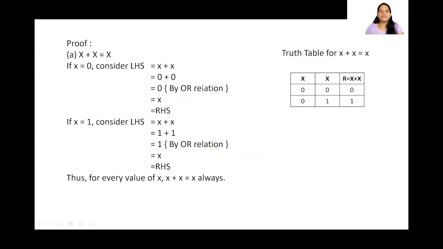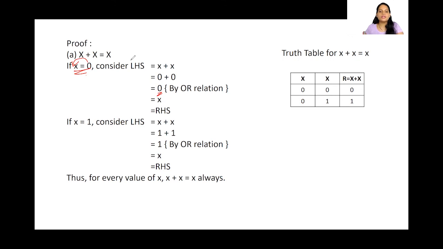So the very first thing is x plus x, or x, your plus means OR operator. So let's first take x as 0. So what happens when we take x value as 0? Here it will become 0 plus 0, because we are taking x value 0. So 0 plus 0, in other words, 0 or 0 is always 0, which is nothing but x, because we have taken 0 as x.